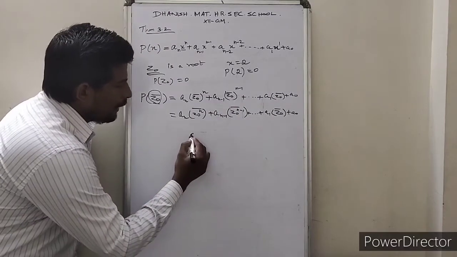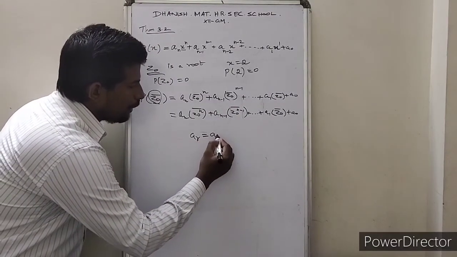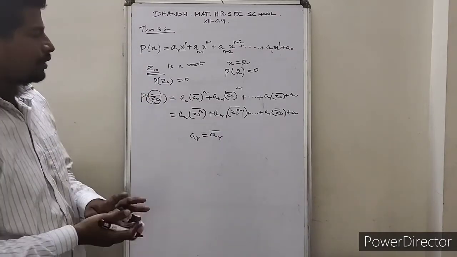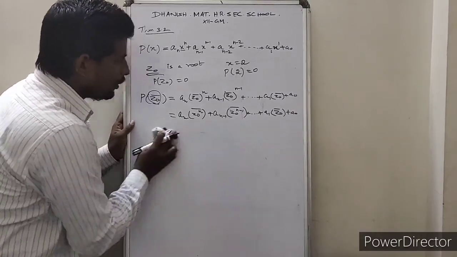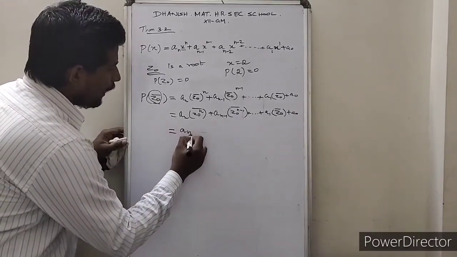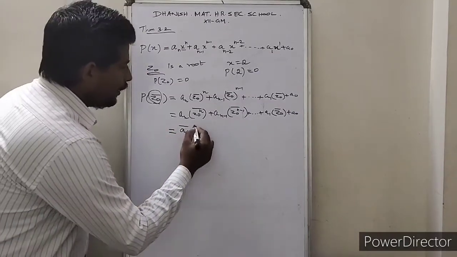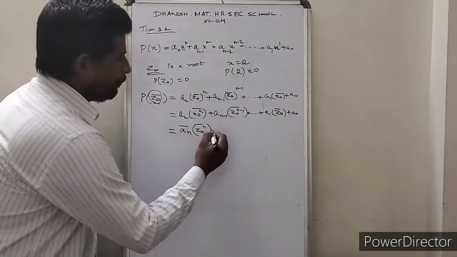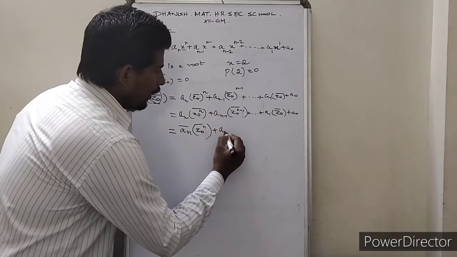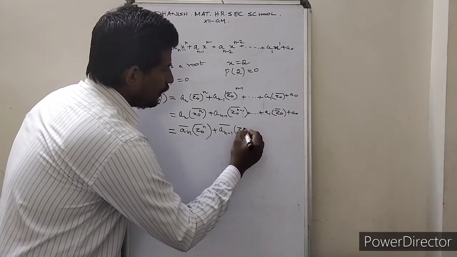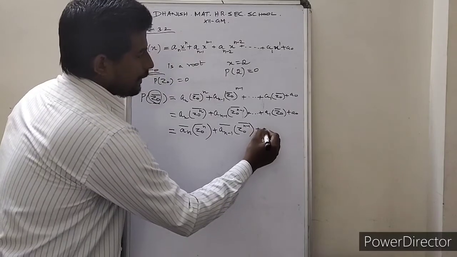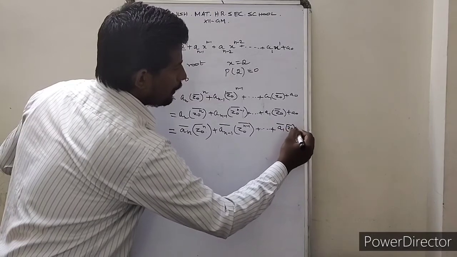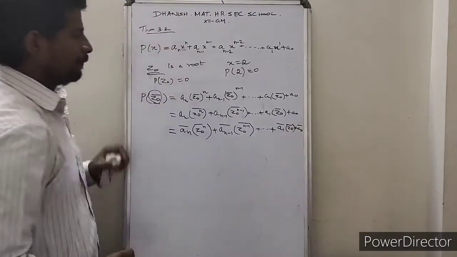As we know, a real number a equals its conjugate. So by using this, I write a_n as a_n bar, into the conjugate of z0 bar power n, plus similarly a_(n-1) bar into the conjugate of z0 bar power n minus 1, plus etc., plus a_1 bar z0 bar plus a_0 bar.